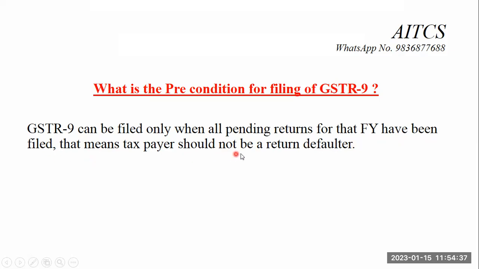That means the taxpayer should not be a return defaulter. If any taxpayer has not filed GSTR 1 or GSTR 3B for the financial year, then he is a return defaulter and should not be allowed to file GSTR 9. For filing GSTR 9, he first has to regularize his returns, then he can file GSTR 9.